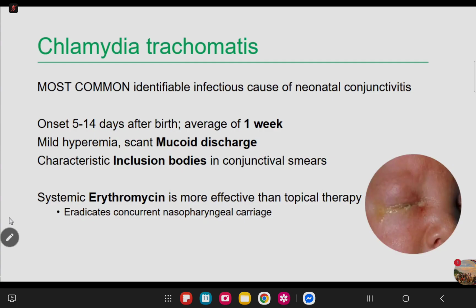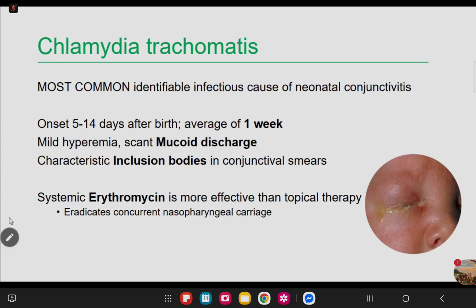ophthalmia neonatorum. So it's usually seen around 1 week of birth. It presents with mild hyperemia and scant mucoid discharge, and there would be characteristic inclusion bodies in conjunctival smears. Systemic erythromycin is more effective than topical therapy.